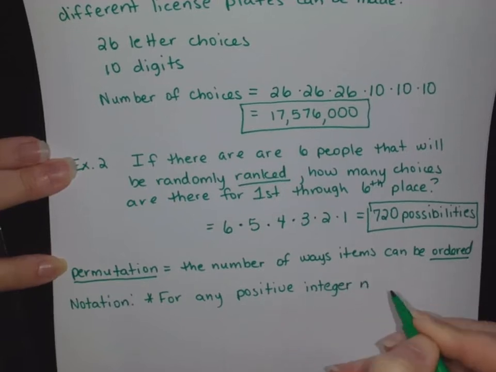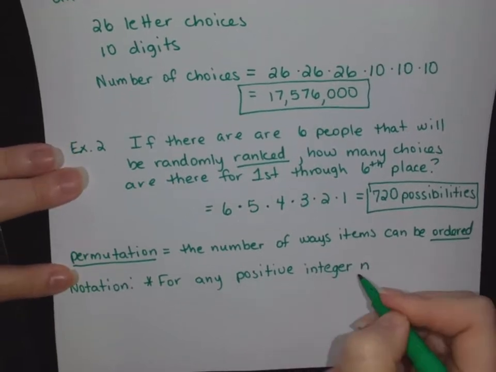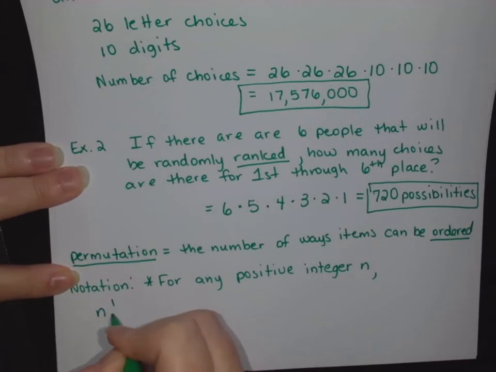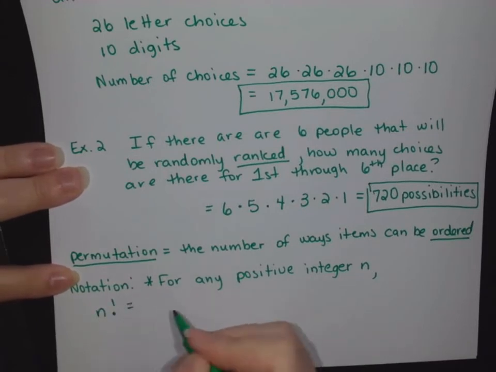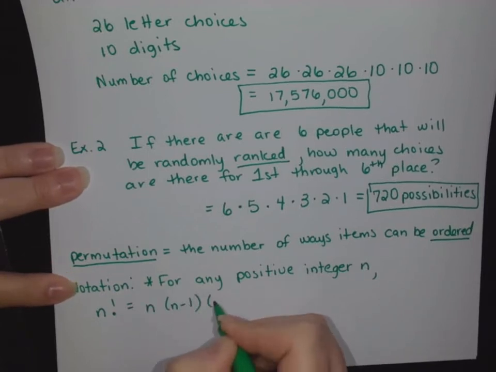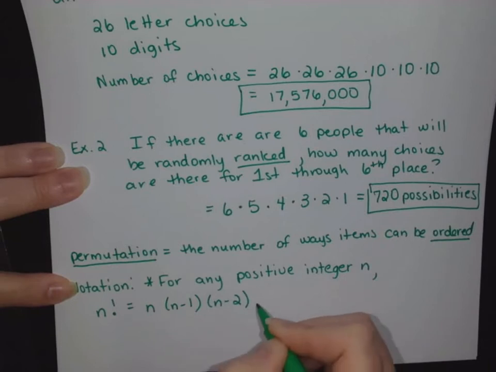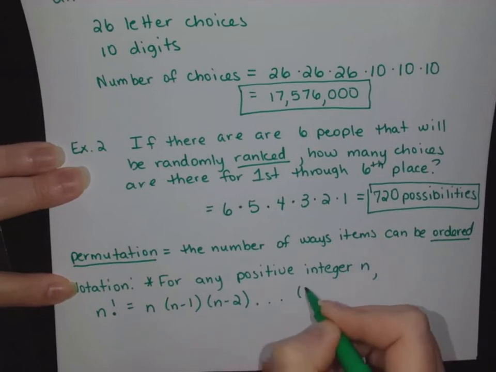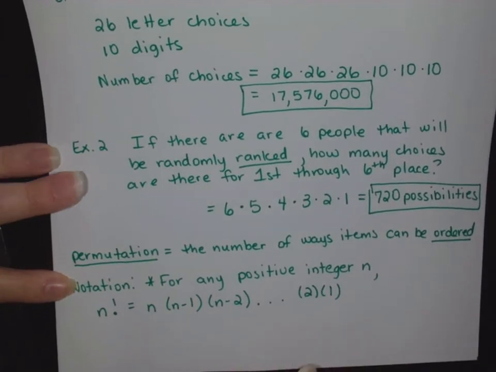So for any positive integer n, when you see this exclamation point, that actually means the word factorial. So what it means is you need to take the number times 1 less than the number times 1 less than that number, and you go all the way until you hit 2 times 1.